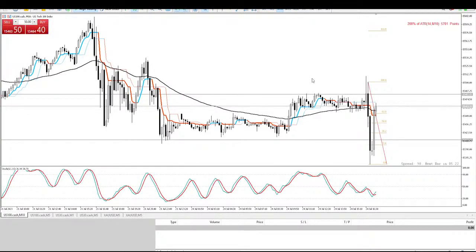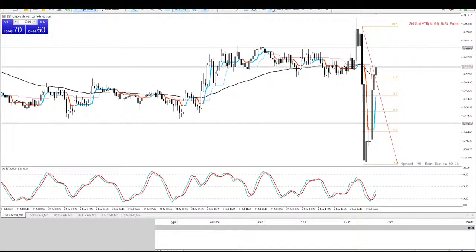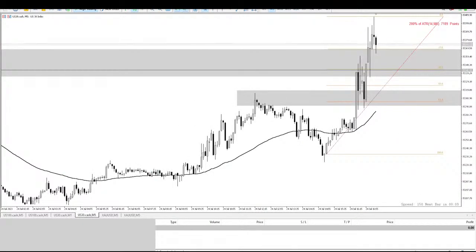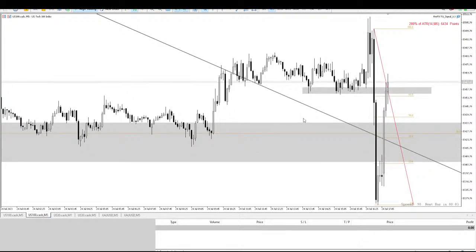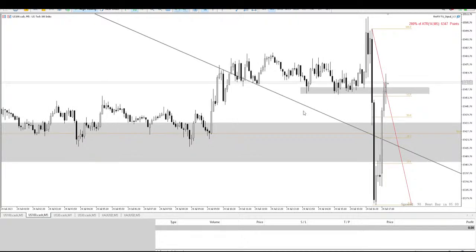Hey, Remy, what's your ICT strategy suggesting? Yeah, NAS and US30 used to be correlated.